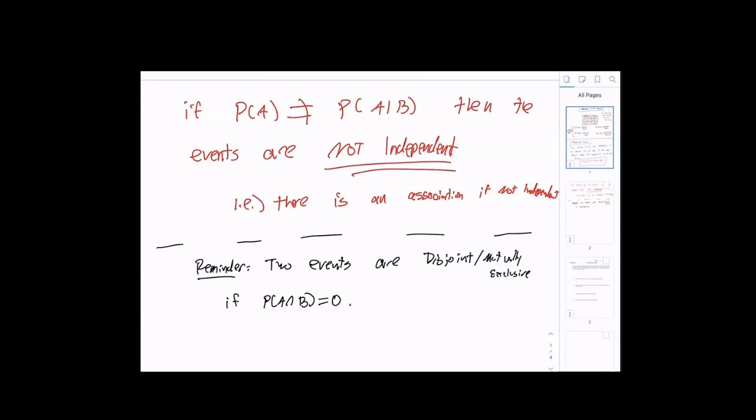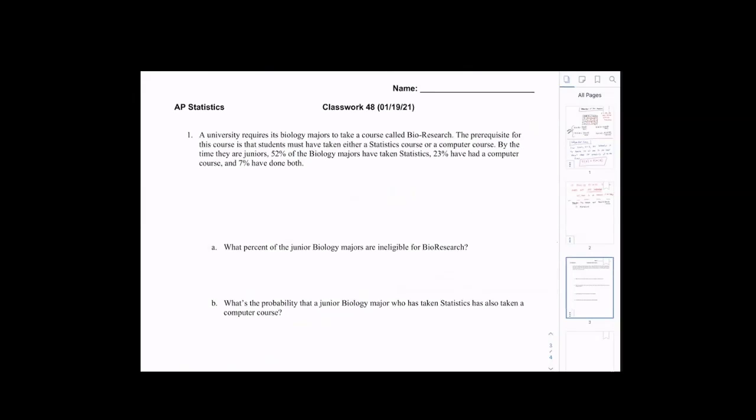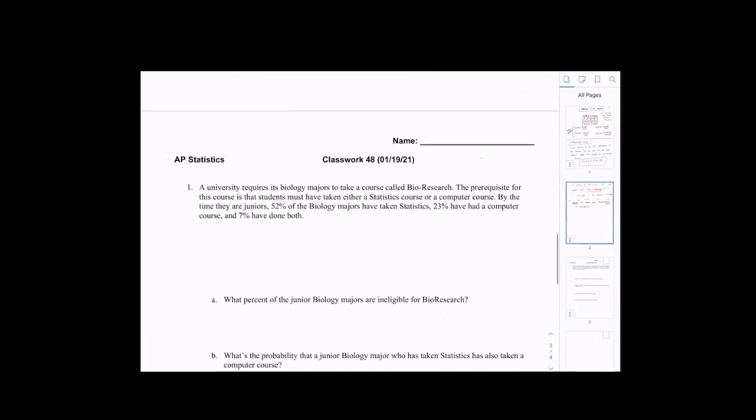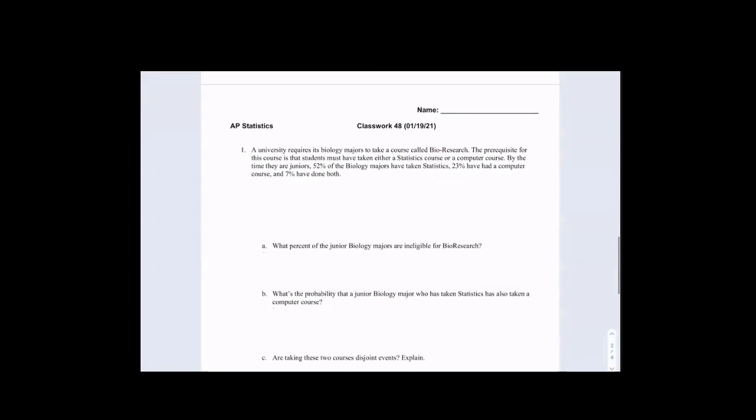All right, let's get to the example. I'm going to pause it really quickly. Here's the problem that we're going to have. If you want to do question 1, notice that I gave space on this part because we're going to draw a table. Basically, we should be doing tables for the problems that we're going to be doing. So for this classwork handout, I have this.